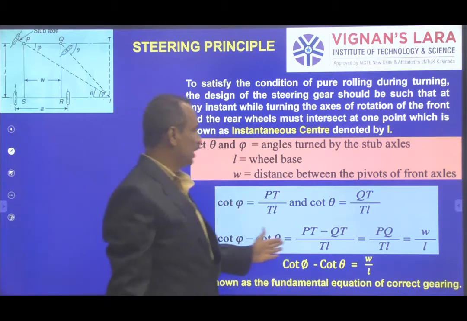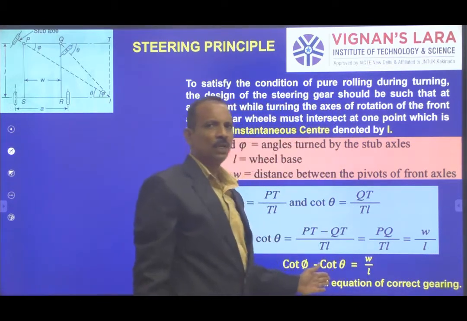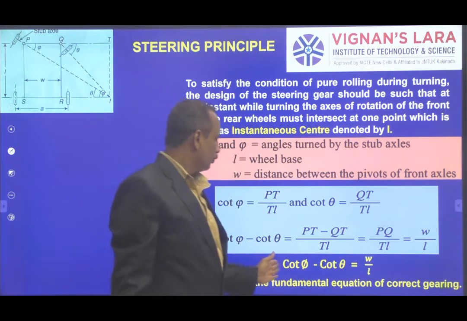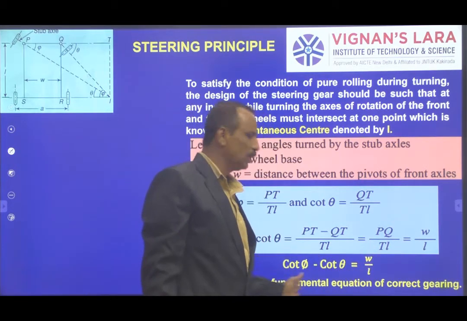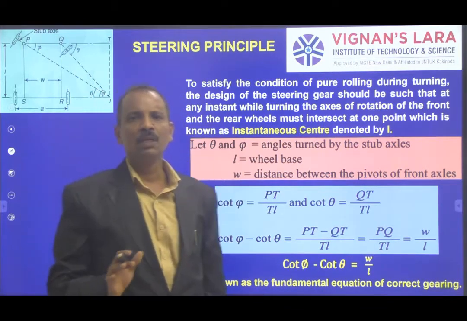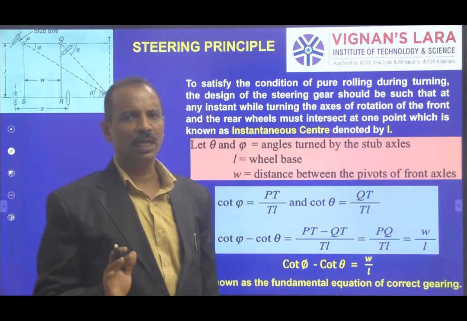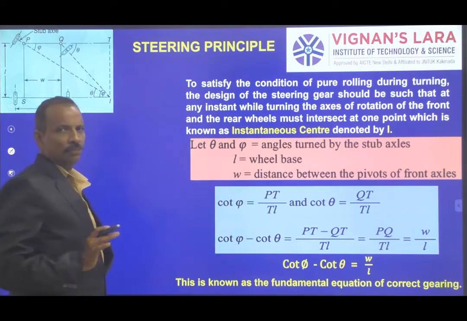We have proved that cot phi minus cot theta is W by L. If you have a correct steering mechanism, this equation has to be fulfilled.